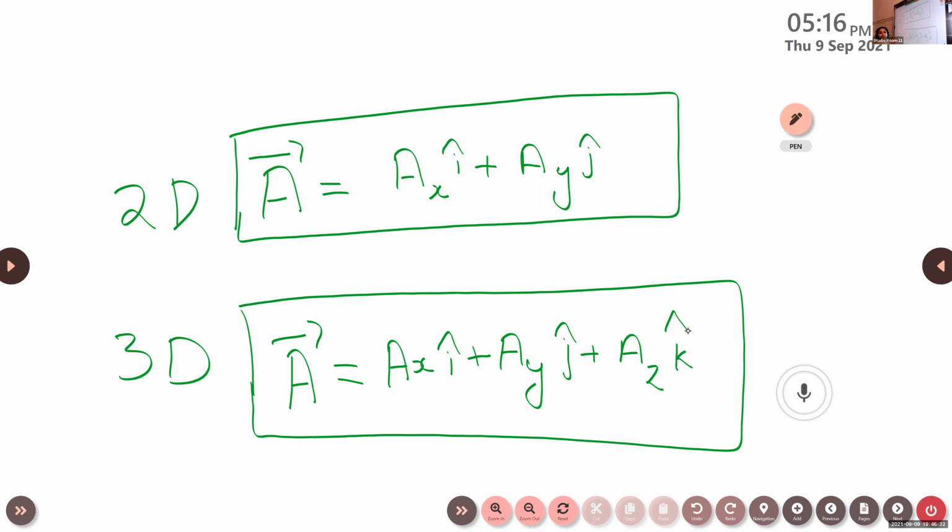Similarly, in three dimension, the equation becomes vector A is equal to AX i cap plus AY j cap plus AZ k cap. Whenever we do the problems, it will be more clear.